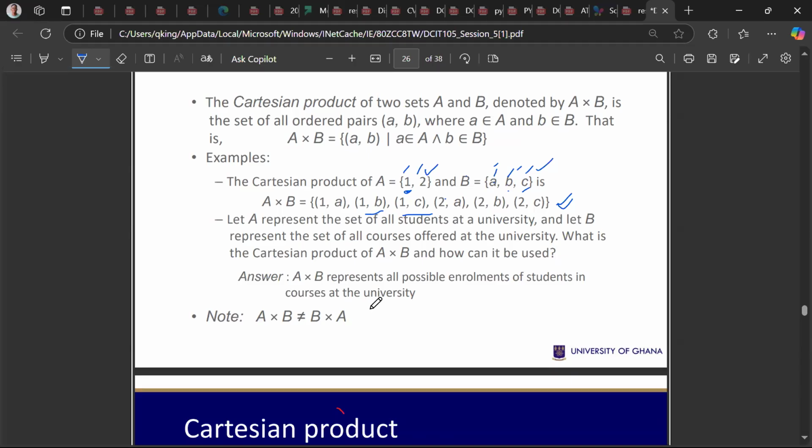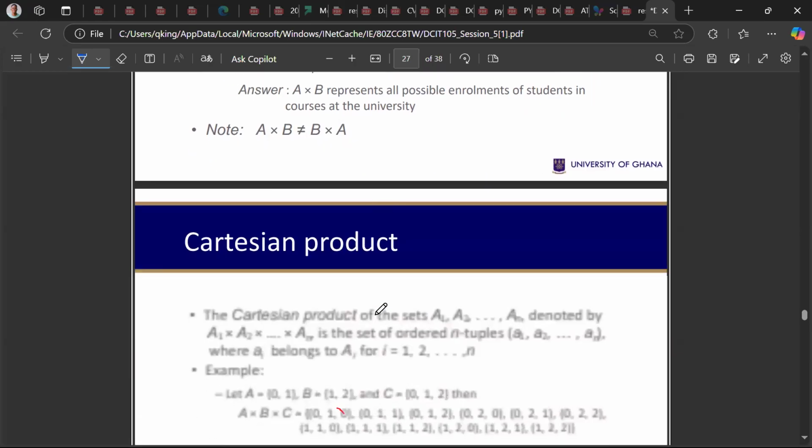And this is a practical application of the Cartesian product, in a sense that A × B is not equal to B × A, because the order matters. Once again, let's take note that the order matters.